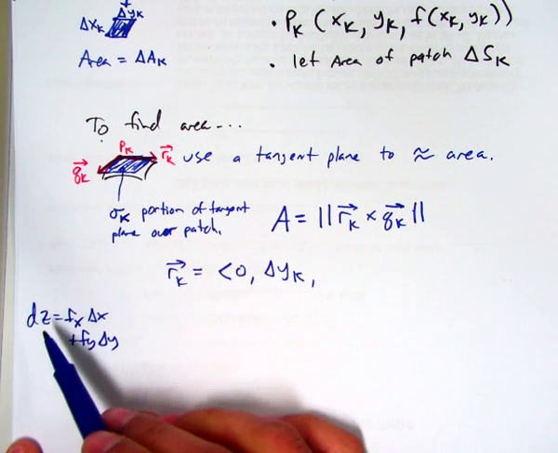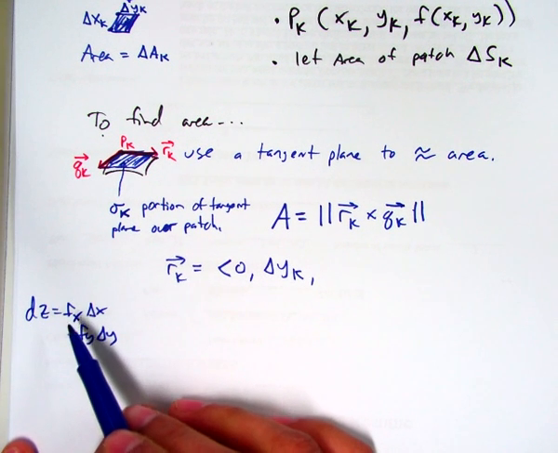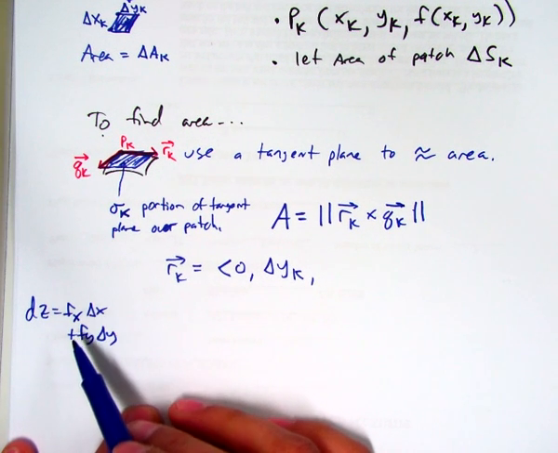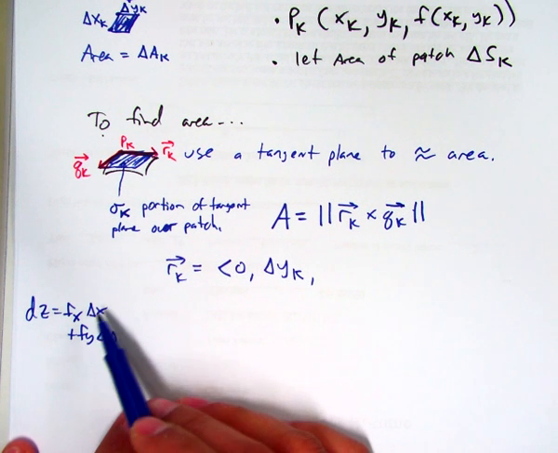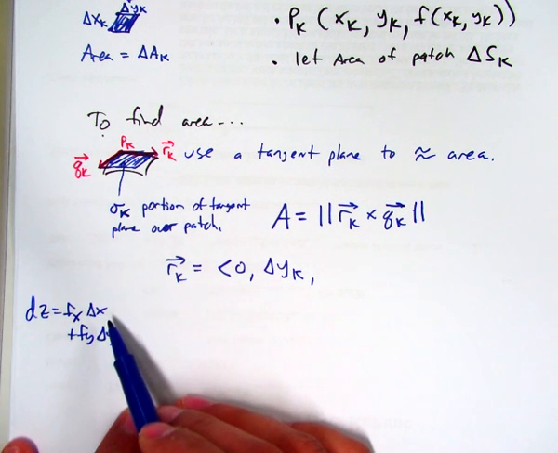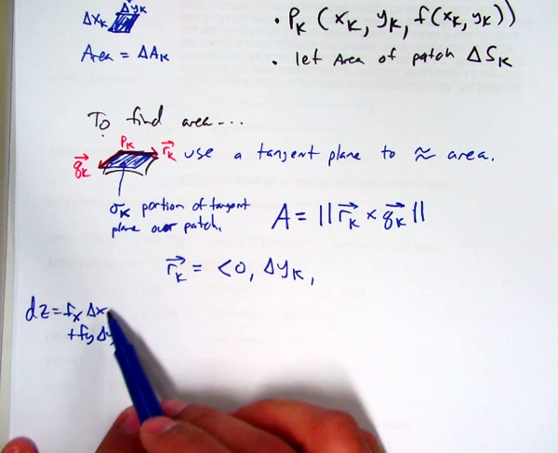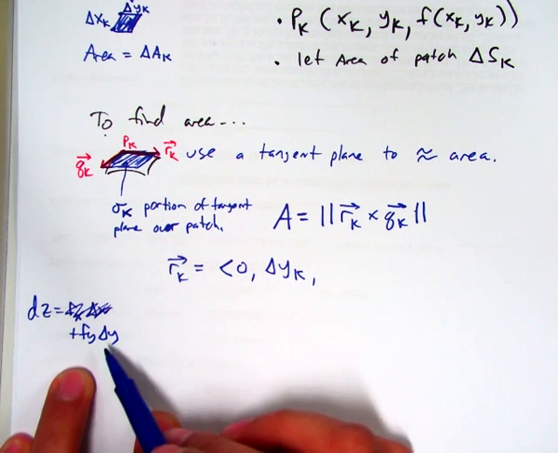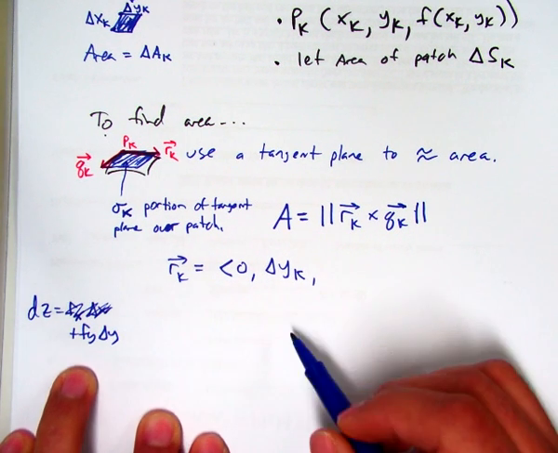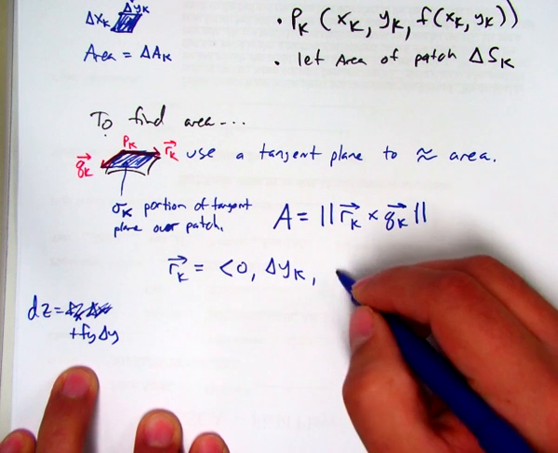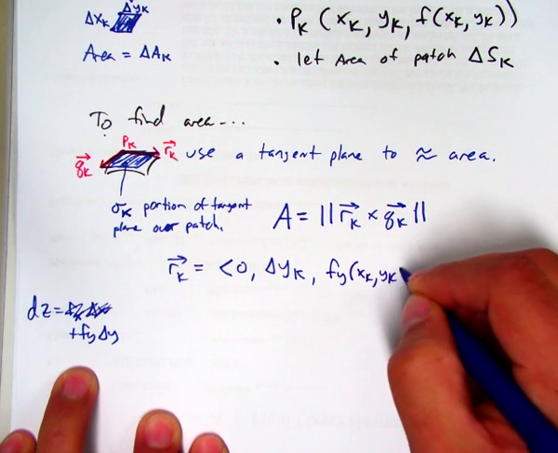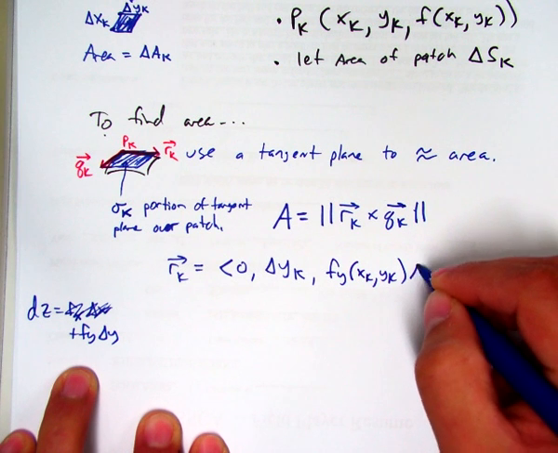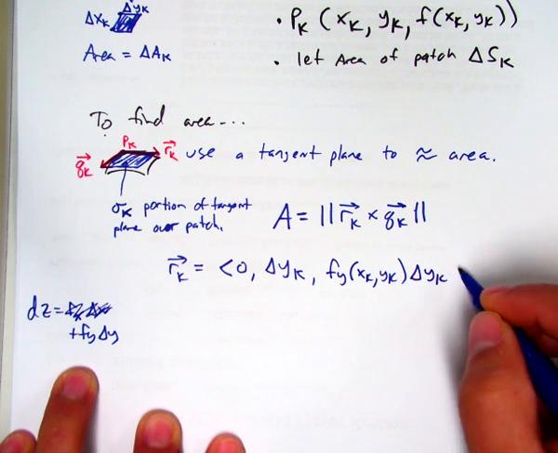So the change in z is approximately partial x times delta x plus partial y times delta y. But there is no change in x. Does that make sense? So then the approximate change in z, partial y, I'm going to write as partial y of x sub k, y sub k, and then delta y sub k is your delta y.